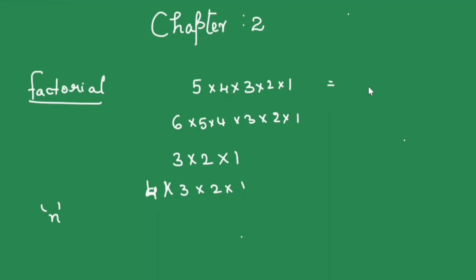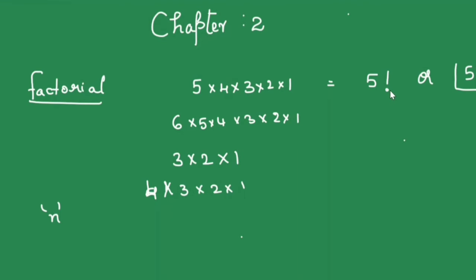Now, there is a notation to denote factorial. The notation is 5 with the exclamation sign. This is the sign we use for factorial. We read it as 5 factorial.